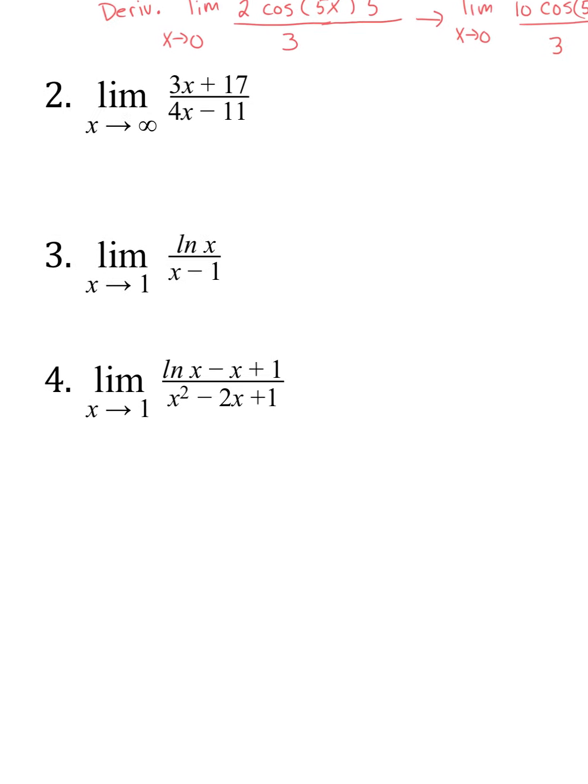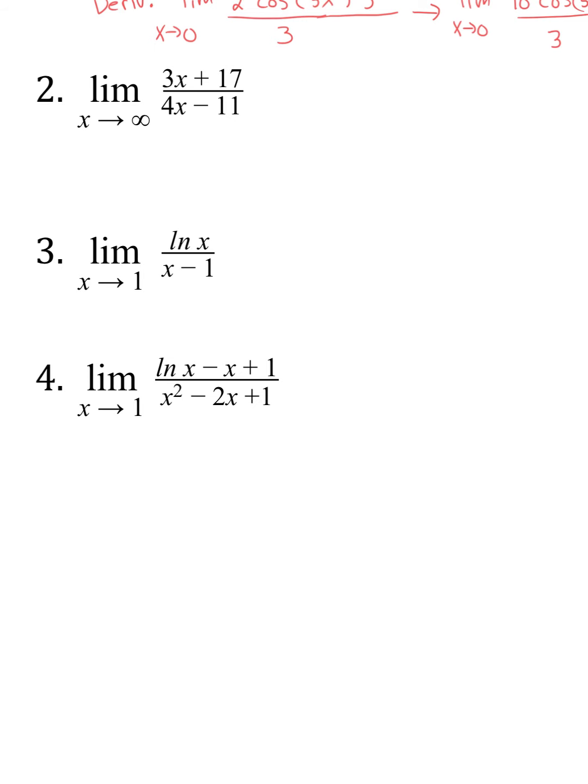All right, example number 2. The first thing we do is plug in infinity for x to see if L'Hopital's rule does apply. So we're going to do f of infinity. That gives us 3 times a really big number plus 17, and on the bottom 4 times a really big number minus 11.